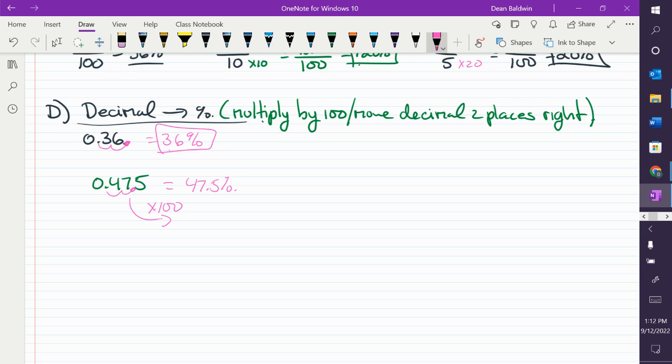Multiplying by 100 is moving the decimal 2 spots to the right. How's that? You've done this before? Perfect.